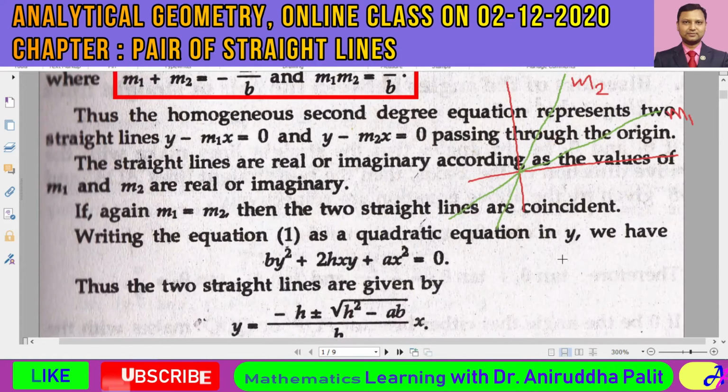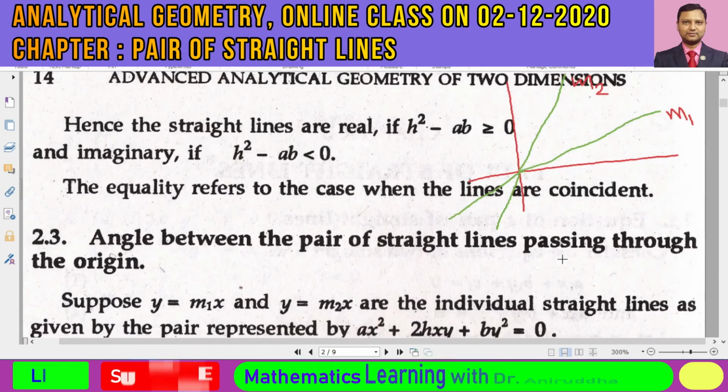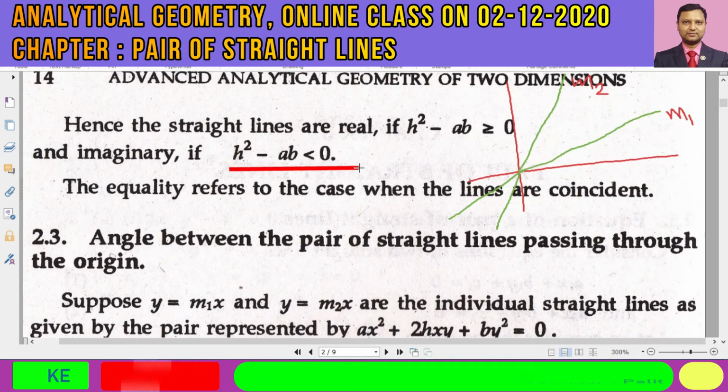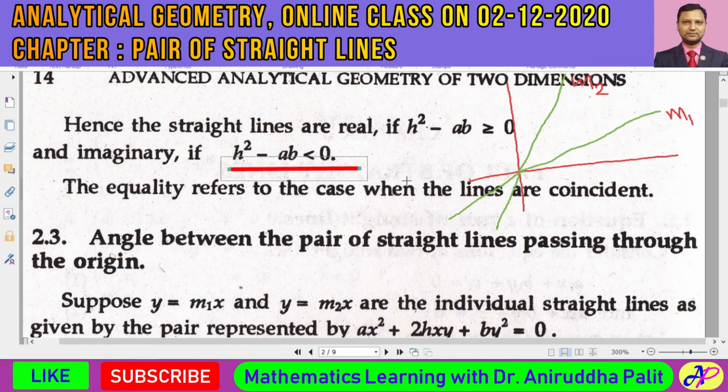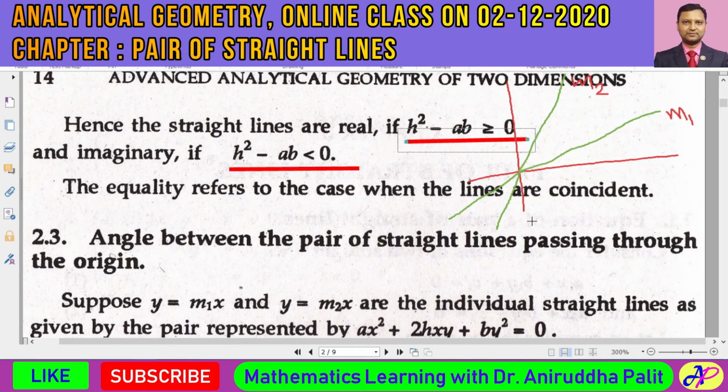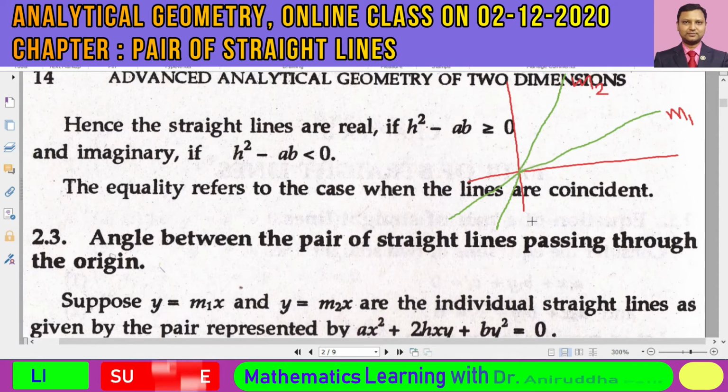Now, this is the condition h square minus ab less than 0. This is the condition under which this kind of straight line becomes imaginary, and h square minus ab greater than or equal to 0 means straight lines should be real. Particularly when h square minus ab is equal to 0, the straight lines should coincide with each other.